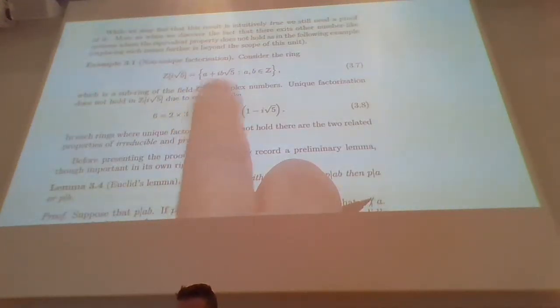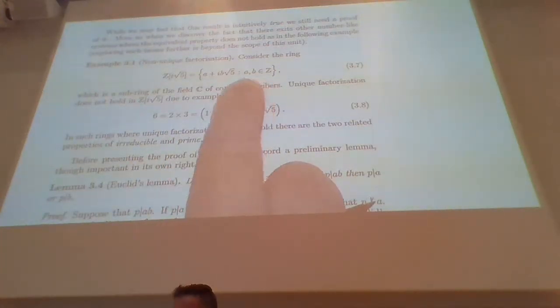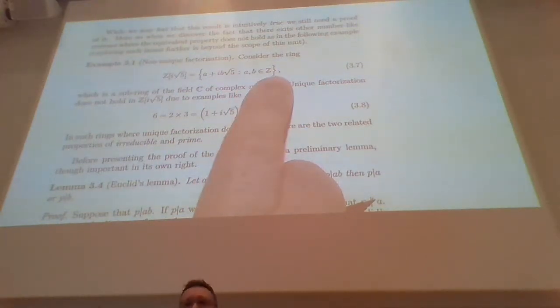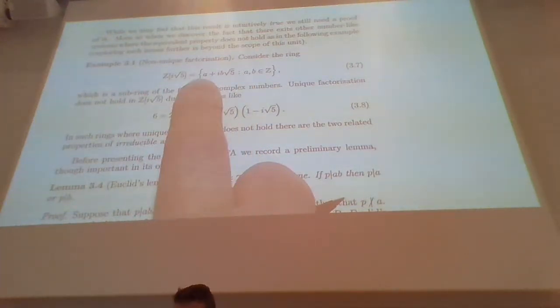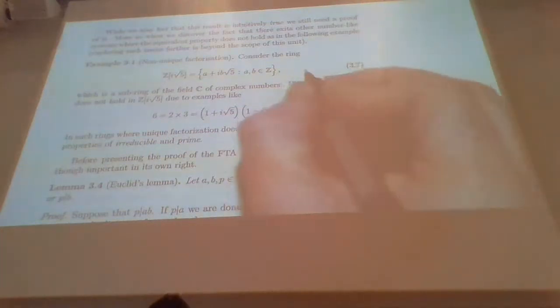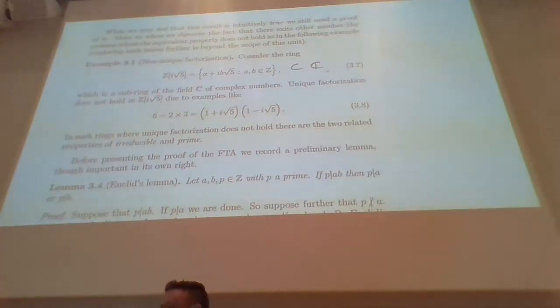You're taking every a plus bi, except this time the a's and b's are restricted to be integers, and the imaginary part always has a factor of square root of 5. This is a subset of the complex numbers, and it acts like its own closed little number system. If you multiply together numbers of that type, it always gives you an answer of that type. You add together numbers of that type, it always gives you another number of that type.